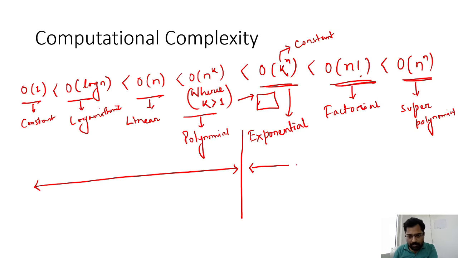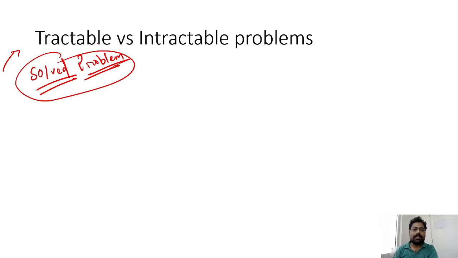And from this up to super polynomial, first of all we decide tractable and intractable. Tractable problems are easy problems for us.